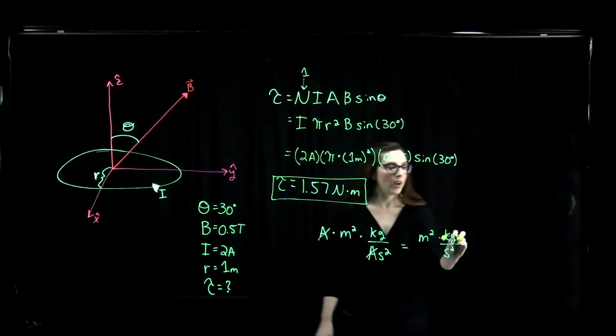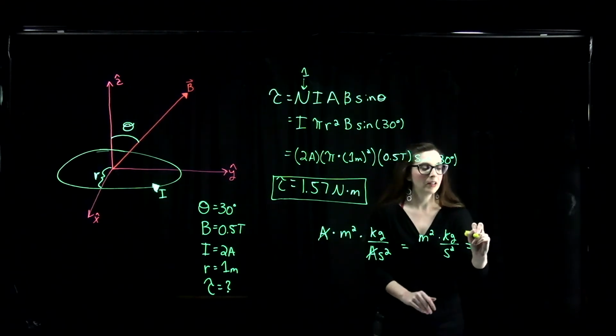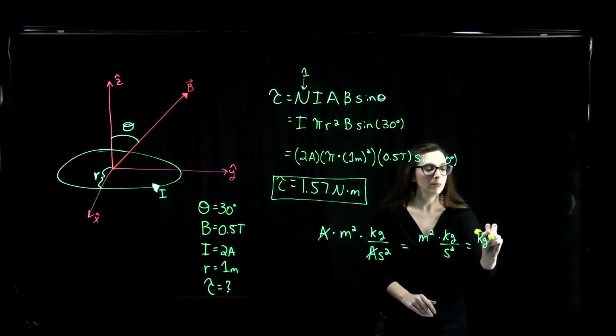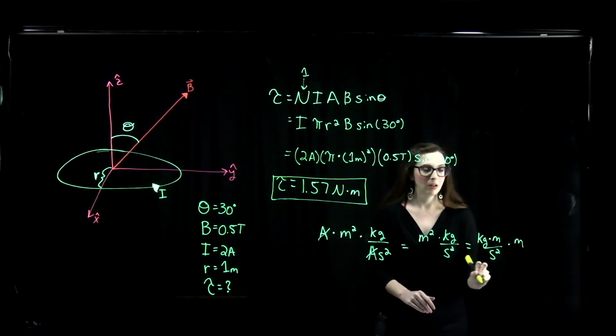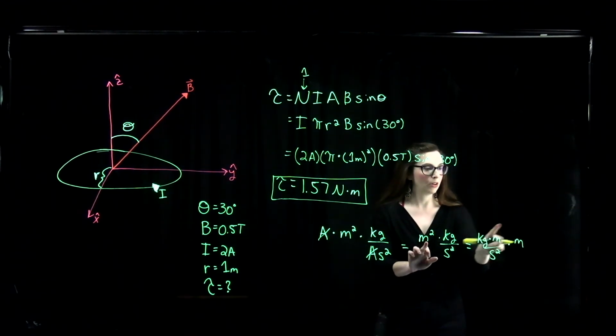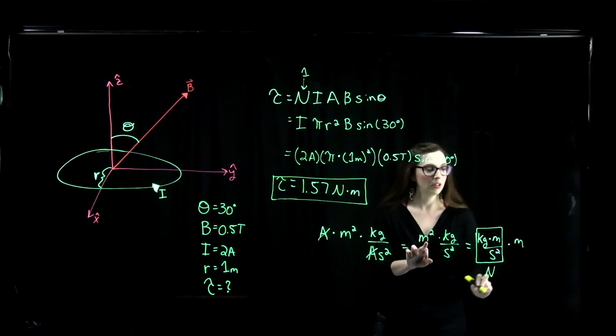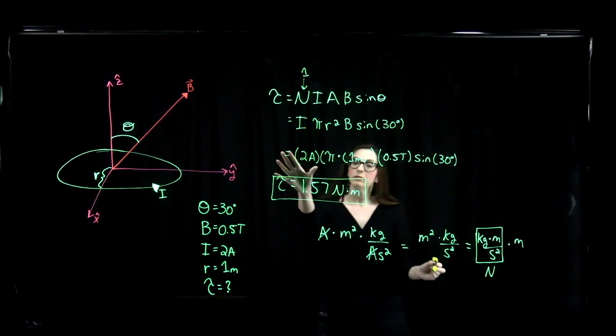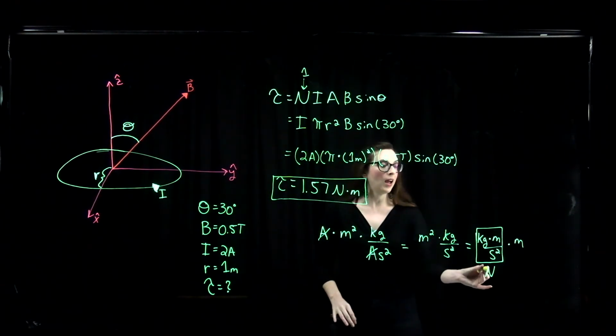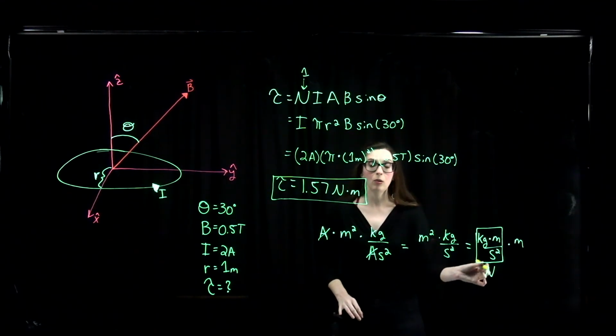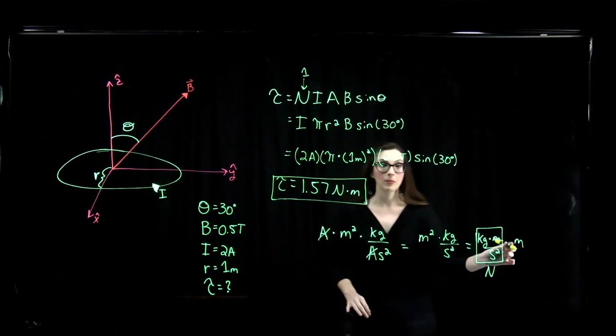Now, let's write it like this. We've got kilogram times a meter over a second squared, times another meter. This quantity right here, kilogram meter over second squared, is a Newton. So that's how we get, from all of these units, a unit for torque of Newton times meter.